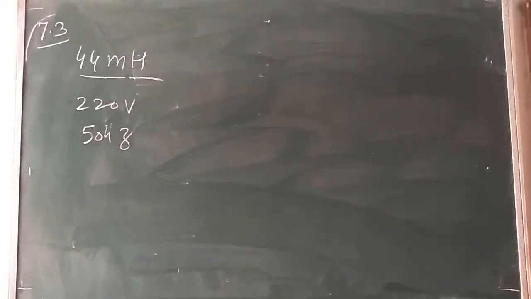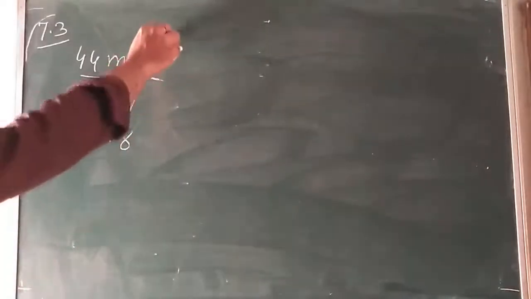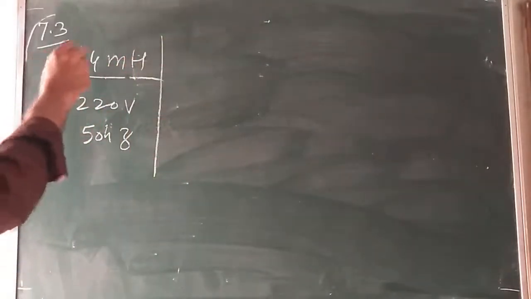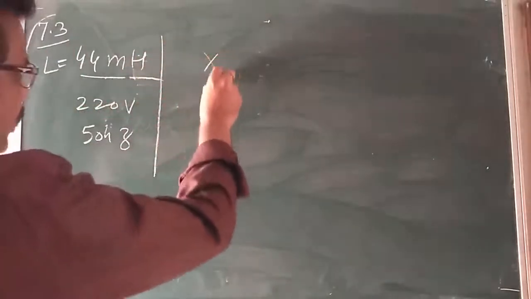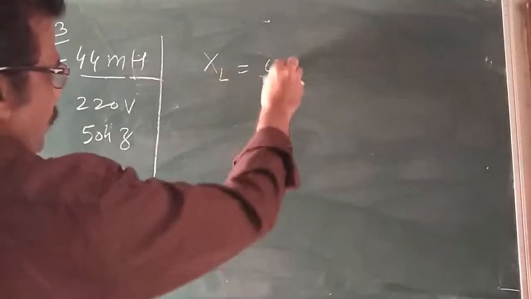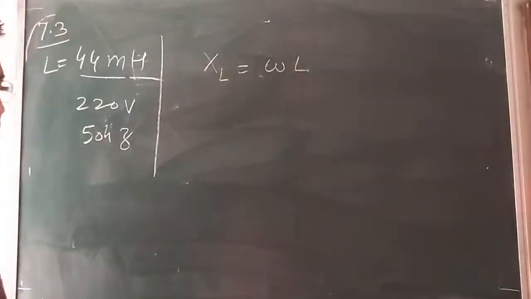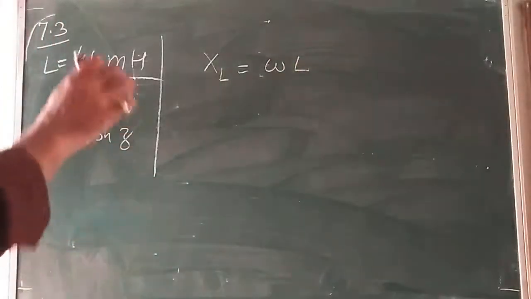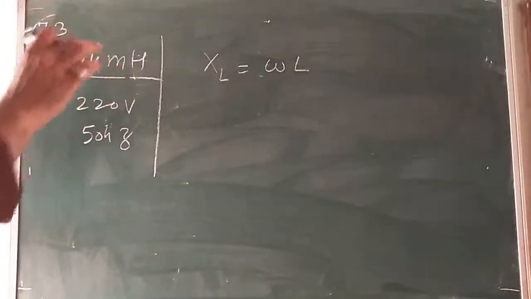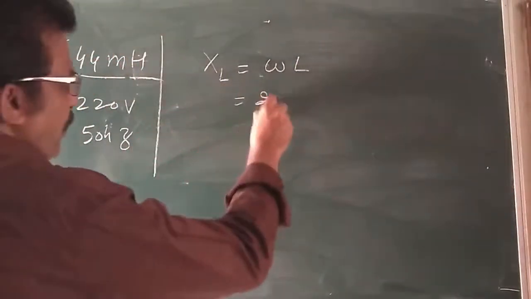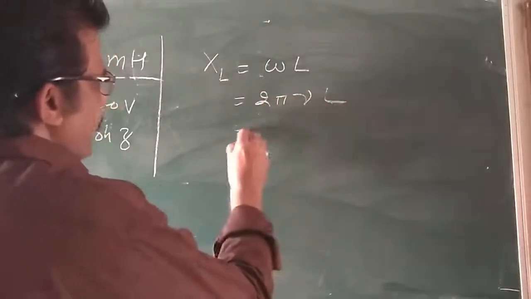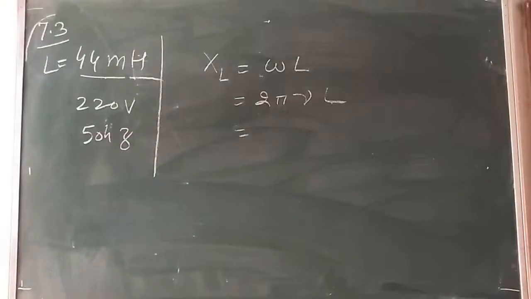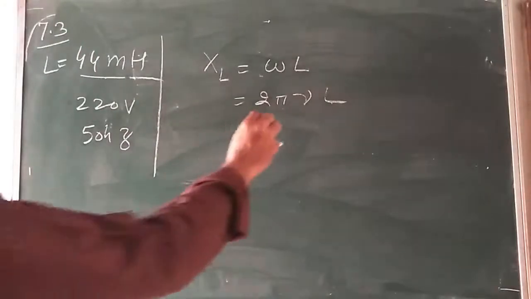For that, what we have to do? This is the value of L. Our formula for inductive reactance XL, we know, is omega L. We can write omega as 2 pi nu, into L. कई किताबें 2 pi half into L भी लिखता है, so you may write 2 pi.